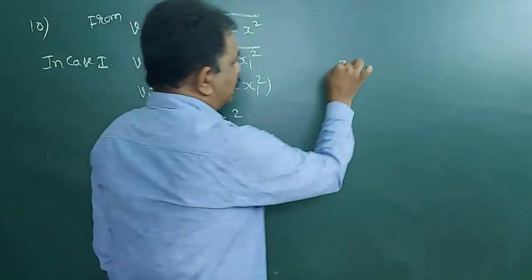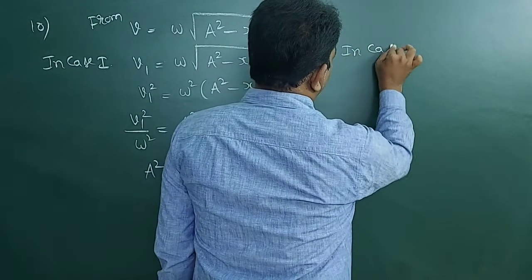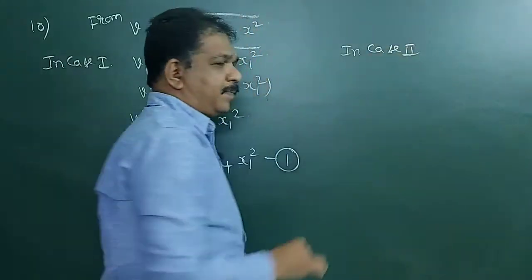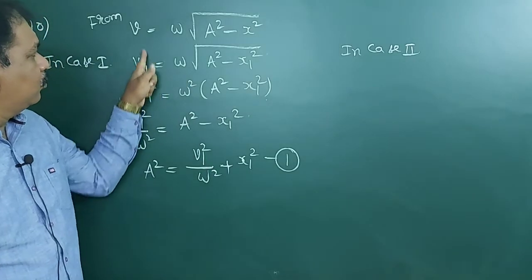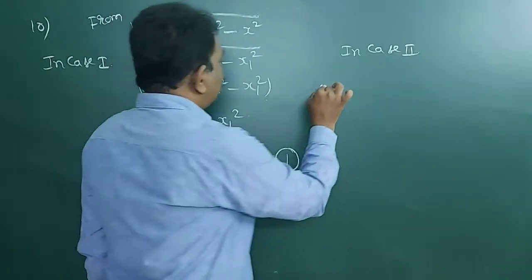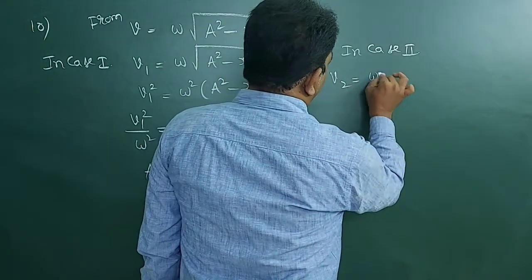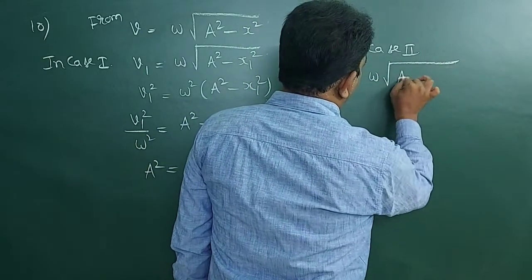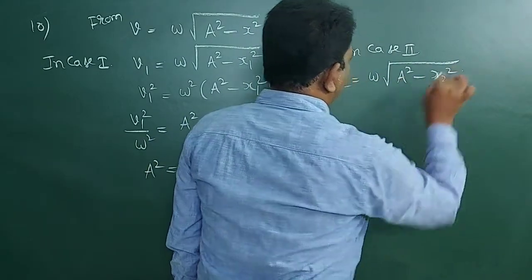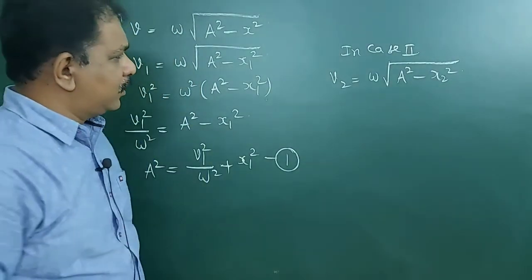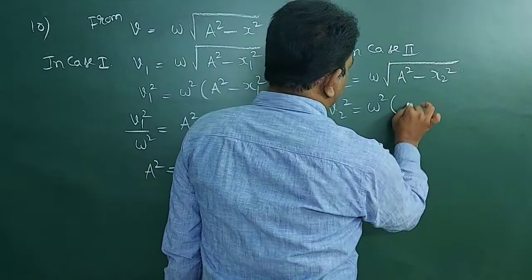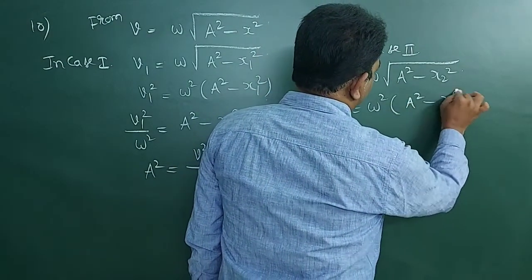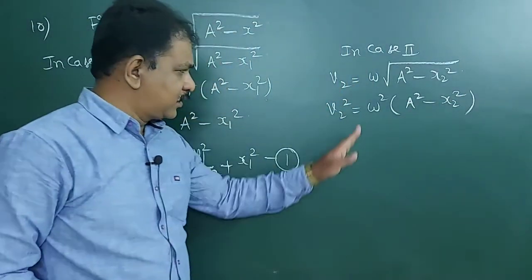Next, in case 2, at displacement x2, the velocity will be v2. Using this formula, v2 is equal to omega into root of a square minus x2 square. v2 square is equal to omega square into (a square minus x2 square).